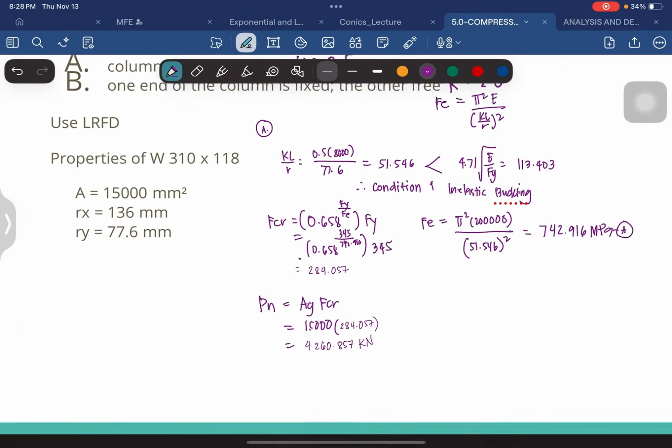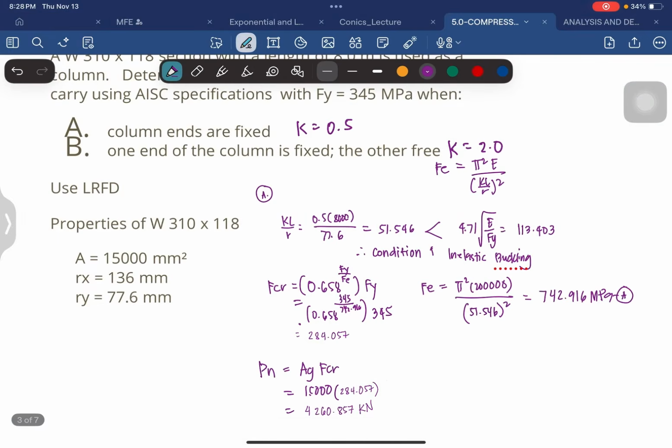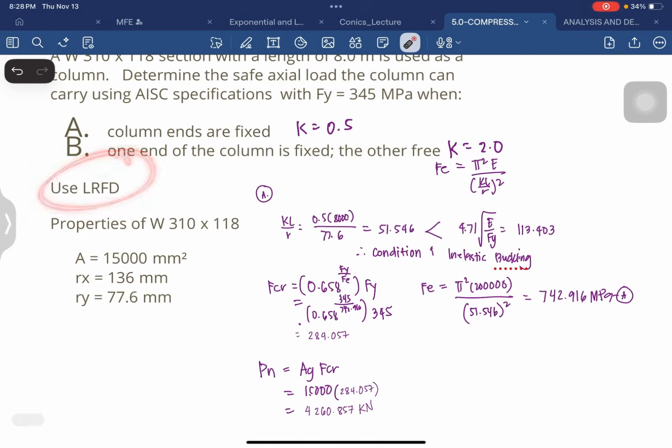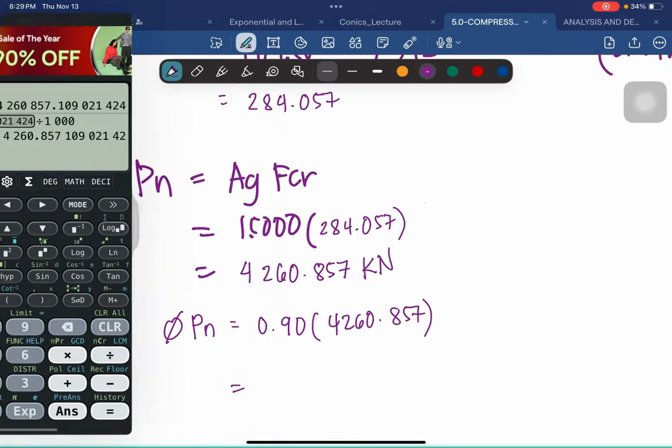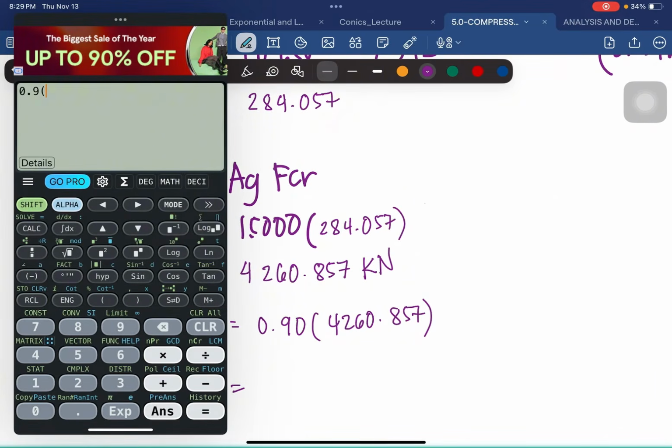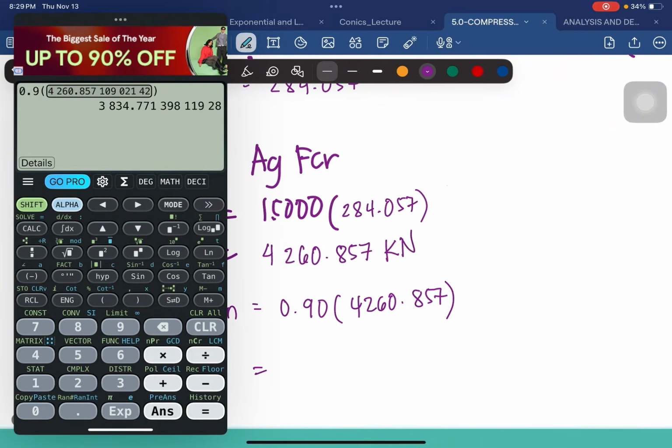Then applying the design philosophy LRFD, so we have to multiply it by the reduction factor 0.90, so equals 3,834.771 kilonewton.